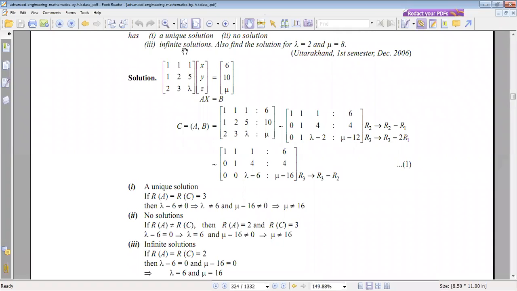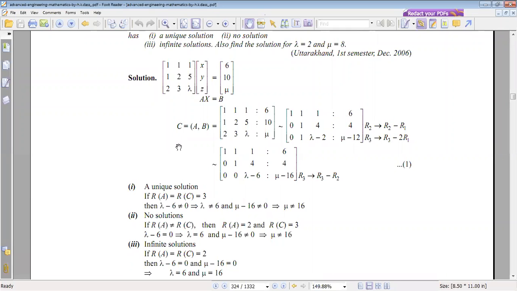So you already know that when there is an infinite number of solutions, the rank of the matrix is equal to the rank of the augmented matrix, and it is less than the number of unknowns.